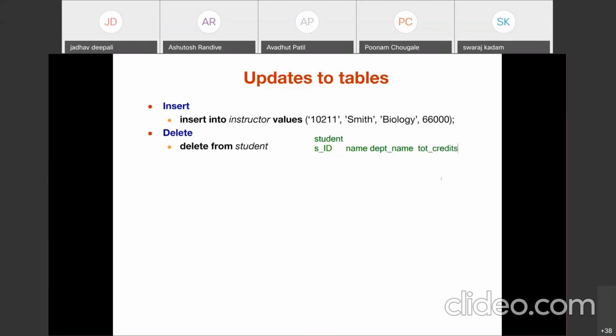Suppose these are the four attributes of this student relation, and some values are there: 101, name, department name, total credits, and another row.